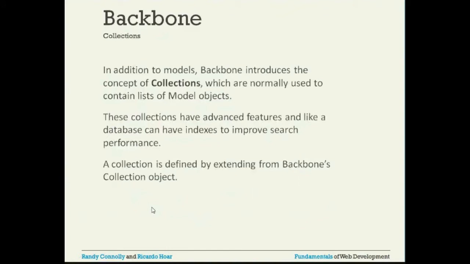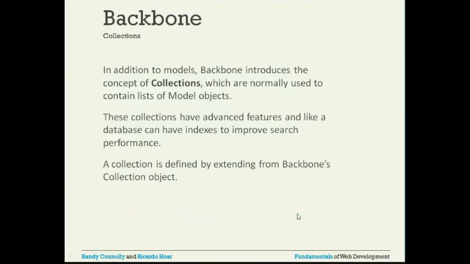In addition to models, Backbone also introduces the concept of collections. And what is a collection? A collection is a list of model objects. We can store a number of model objects in a collection.